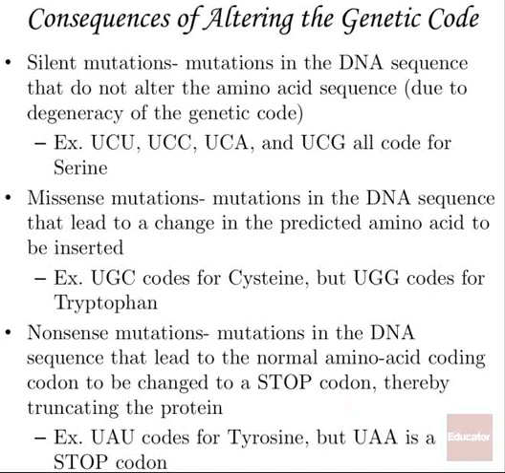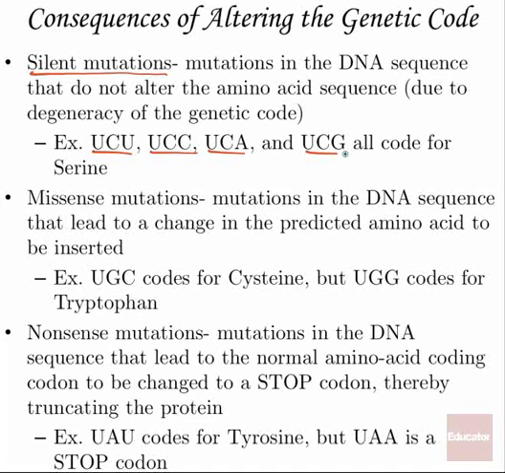We have first what are called silent mutations. These are the types of mutations that we can call no harm, no foul. All right? So these are mutations in the DNA sequence that do not alter the amino acid sequence, due to the degeneracy of the genetic code. So for example, all 4 of these, and actually two other triplets, code for serine.